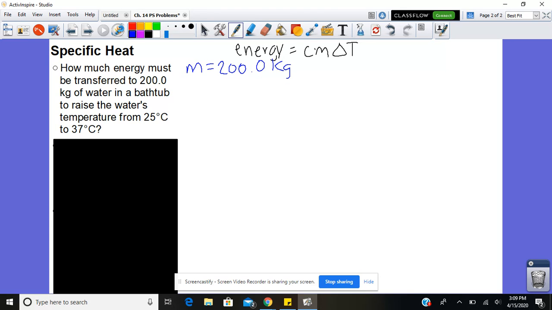I know my water's temperature started at 25 degrees Celsius, so that's going to be my initial temperature. And it ended at 37 degrees Celsius, so that's going to be my final temperature. Now we need our delta temperature, or a change in temperature.